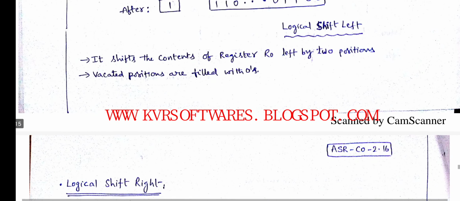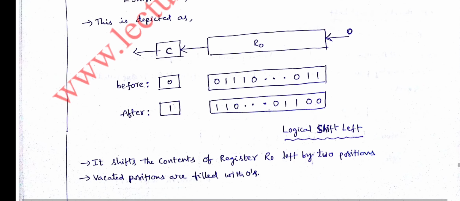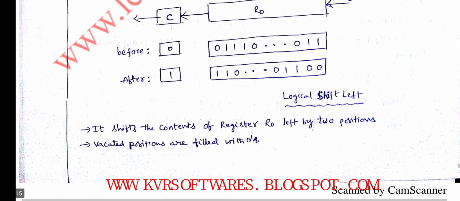It shifts the contents of register R0 left by two positions. Vacant positions are filled with zeros. The positions which are not filled, I mean the spaced bits, are filled with zeros. Here you observe before, C contains 0 0 1 1 1 0 0 and 0 1 1.